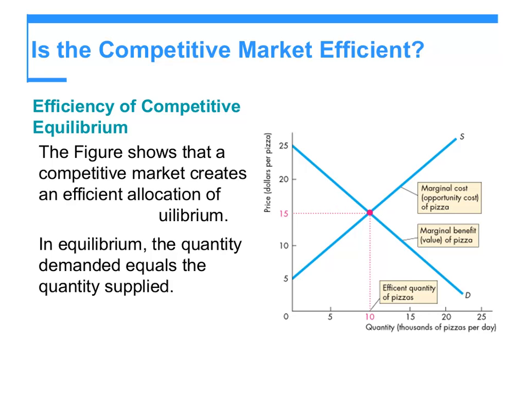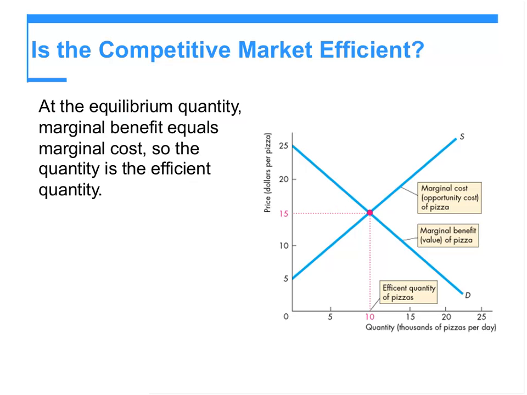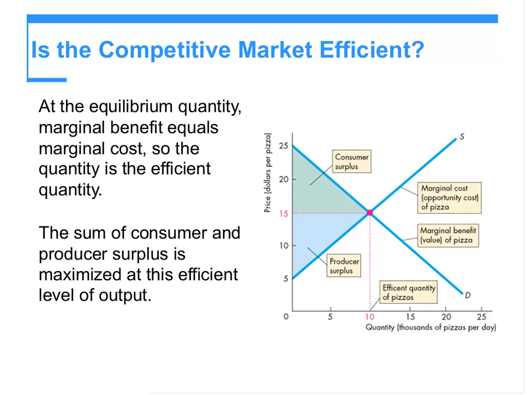So at the equilibrium quantity marginal benefit equals marginal cost, so the quantity is the efficient quantity. The sum of consumer and producer surplus is maximized at this efficient level of output.